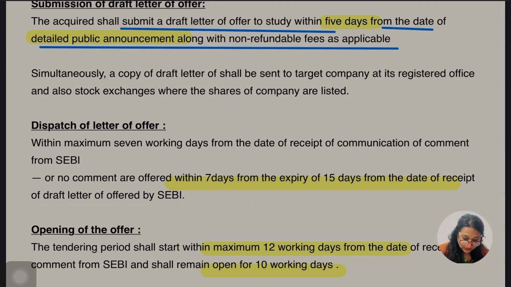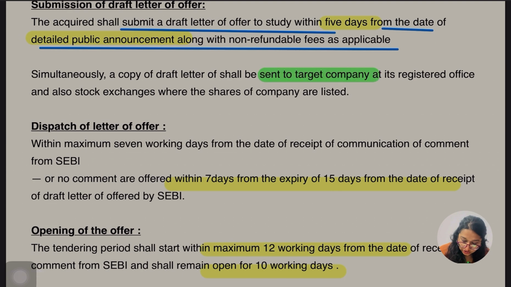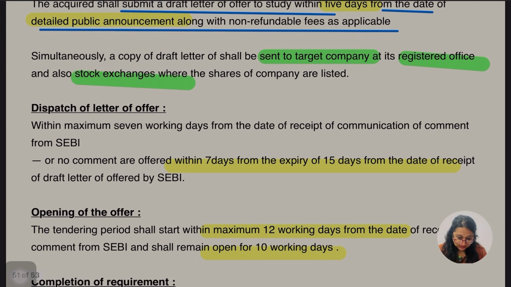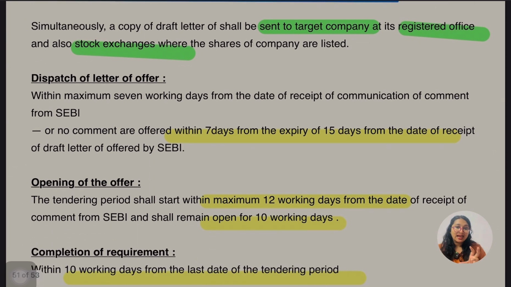It shall be submitted to the target company at its registered office and also to the stock exchange where the shares are actually listed.